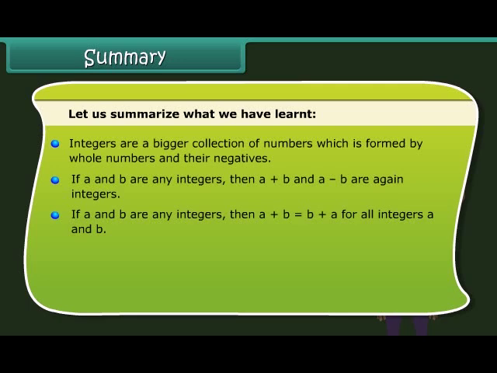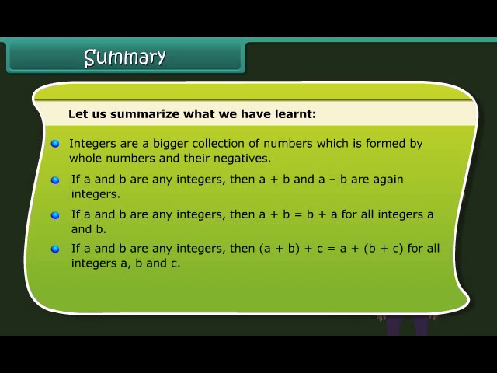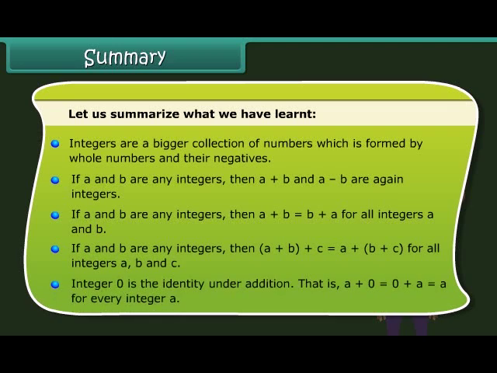Also (a plus b) plus c is equal to a plus (b plus c) for all integers a, b, and c. Integer 0 is the identity under addition. That is, a plus 0 is equal to 0 plus a, which equals a for any integer a.